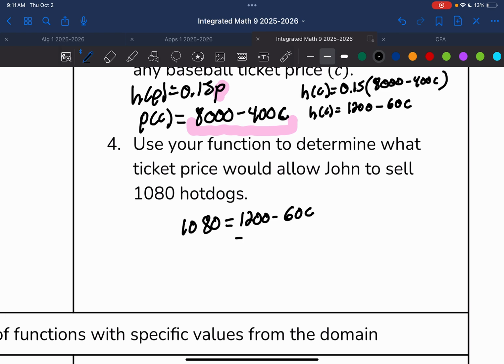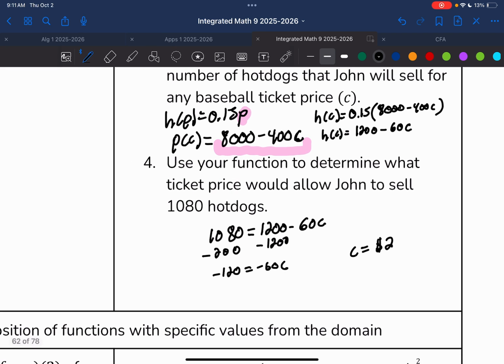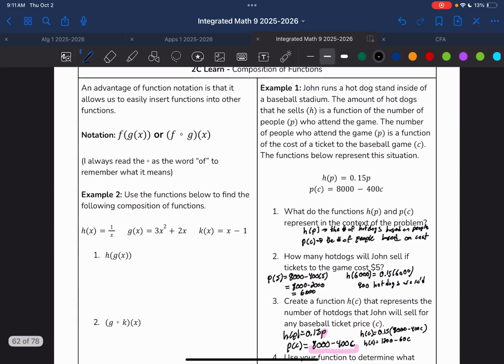So then if we solve this, we can subtract 1,200 from both sides. That becomes negative 120 is equal to negative 60c. We can see that c would be $2.